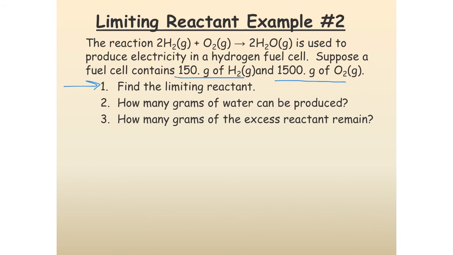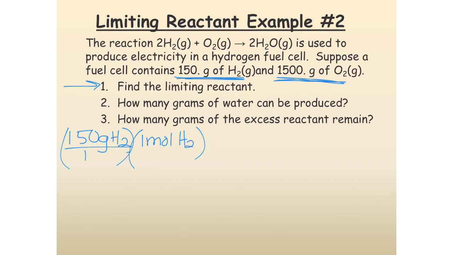First thing we want to do is turn these masses into moles because we need the moles in order to compare that to the balanced equation. So we had 150 grams of hydrogen and H2 is going to have a mass of 2.016.